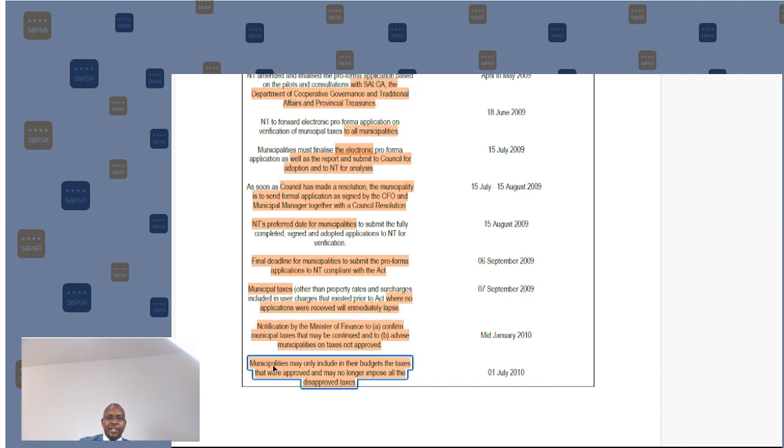Then applications, municipalities may only include in their budget the taxes that were approved and may no longer impose all the disallowed municipality taxes, depending on what's happening in mid-January.